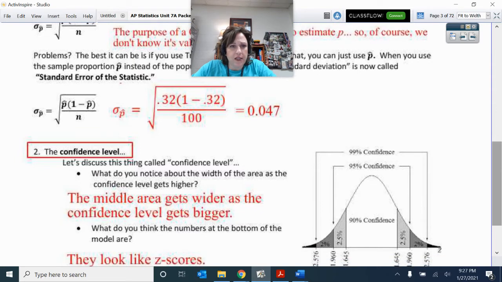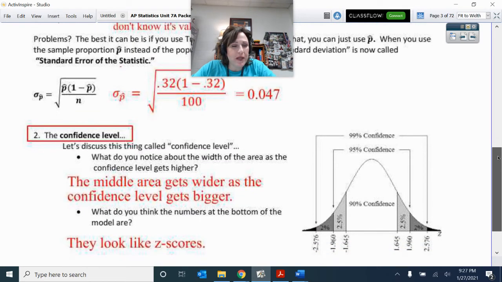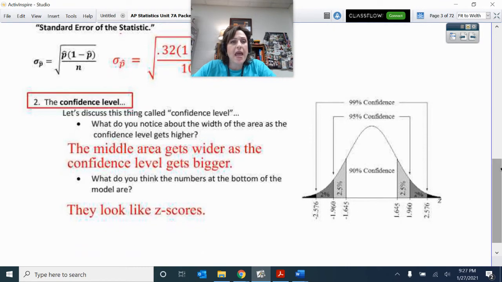All right. Either way. So now we're going to talk about this thing called a confidence level. Because in the long run, we're going to end up saying, hey, let's make a 95% confidence interval, or let's make a 90% confidence interval. And I want to be 90% confident that the true proportion is contained within my interval.